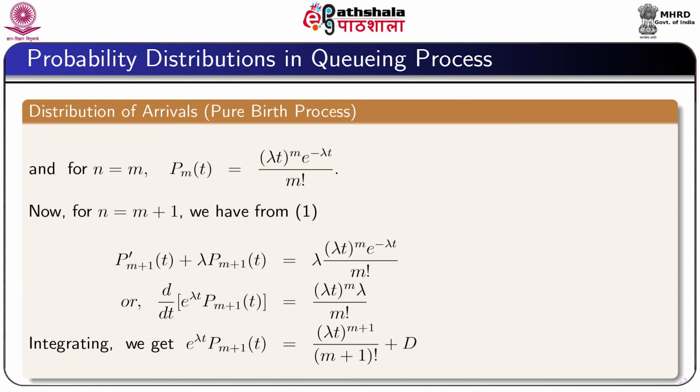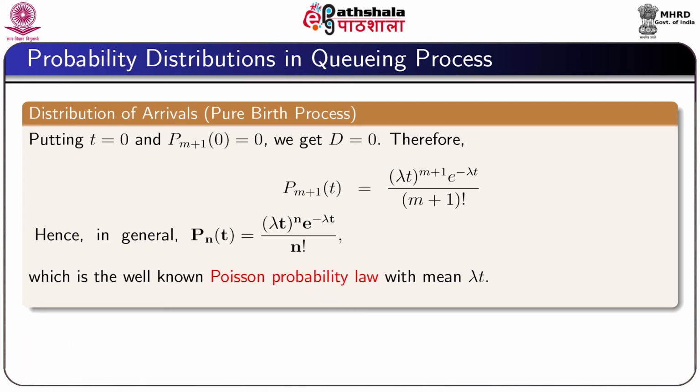And solving this equation, we ultimately get P(m+1)(t) equal to e to the power minus λt into (λt) whole to the power m plus 1 by factorial m plus 1. Hence, in general, we get Pn(t) equal to e to the power minus λt into (λt) whole to the power n by factorial n, which is the well known Poisson probability law with mean λt.